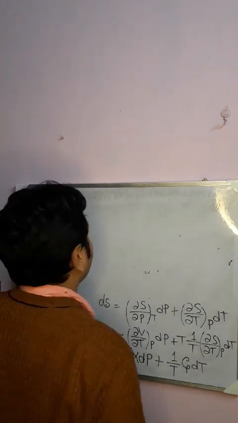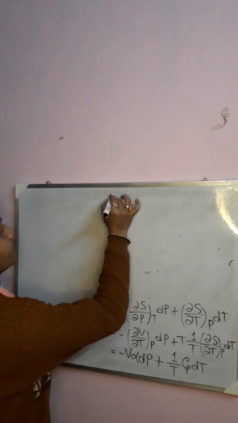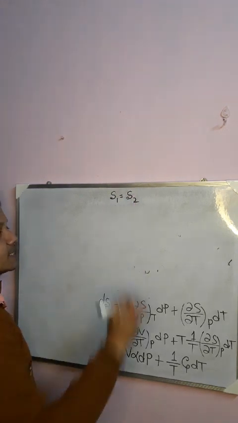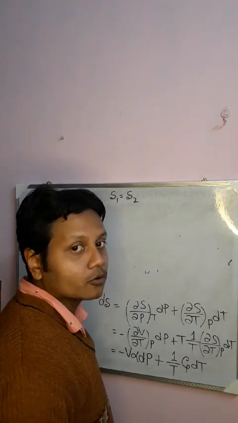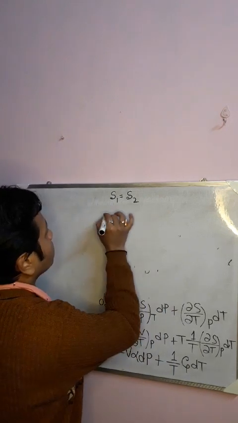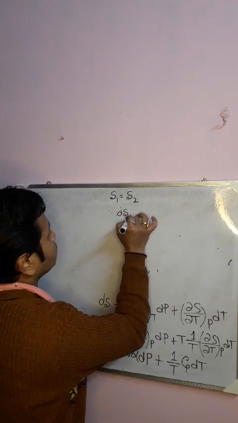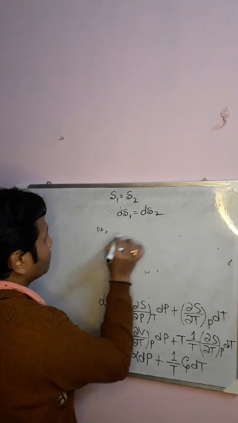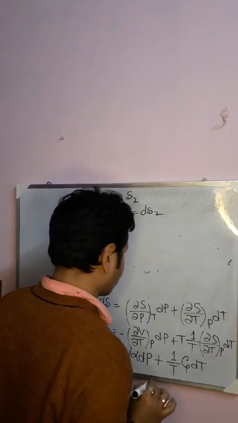Now I told earlier that in second order phase transition, entropy remains constant. That means the entropy of the initial state must be equal to the entropy of the final state. So we can write dS1 equals dS2. So we have to substitute the value of dS in terms of the two states.